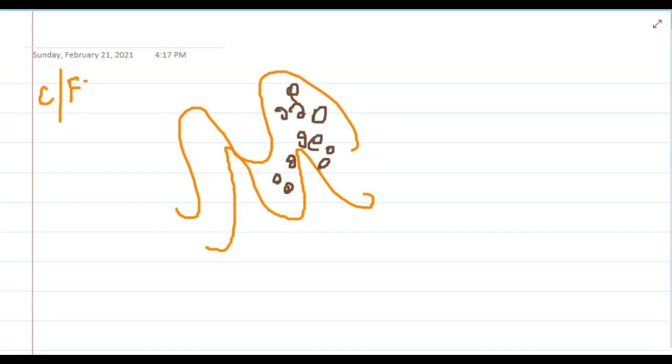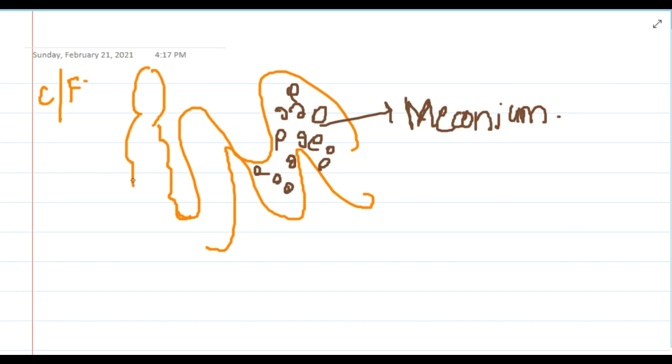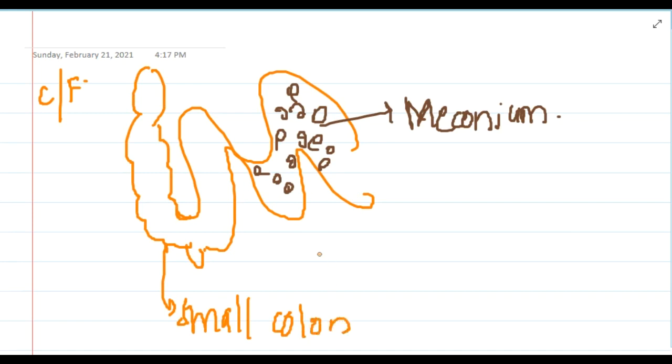Thick, tar-like meconium is seen, and even small pellets of meconium are seen. Distal to this ileum, normally the colon should be very big, right? But here the colon will be small, and the ileum is dilated because of the meconium pellets.